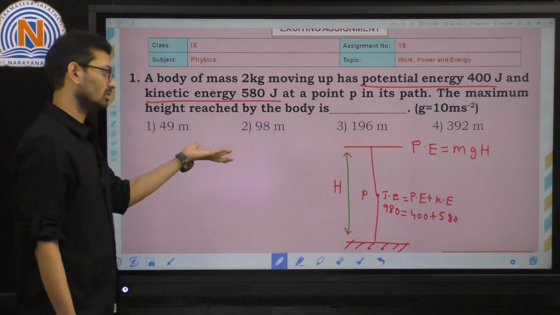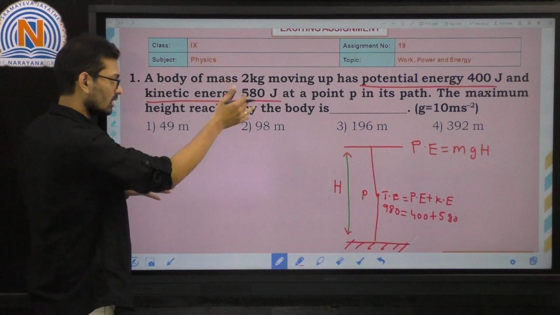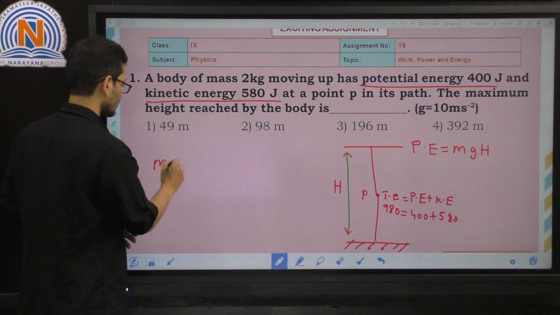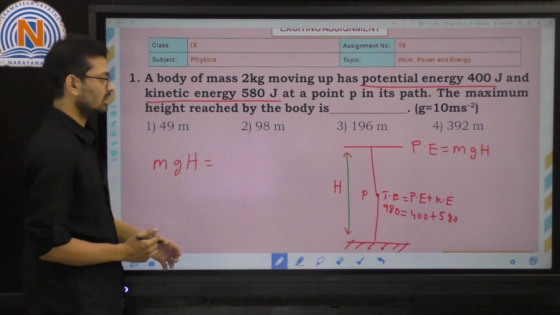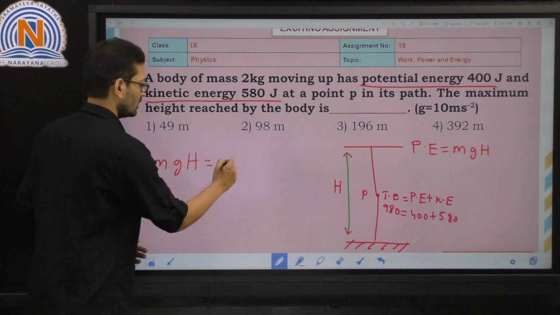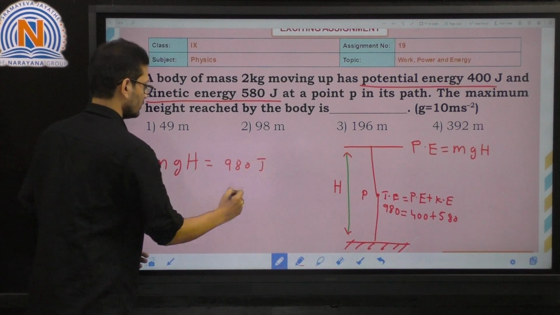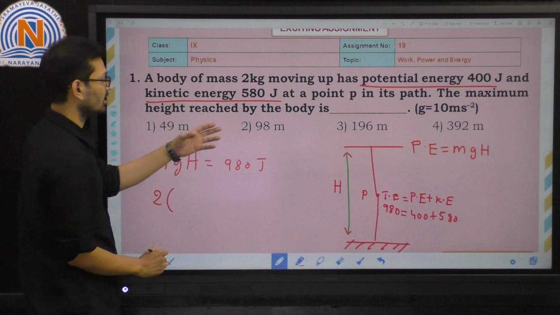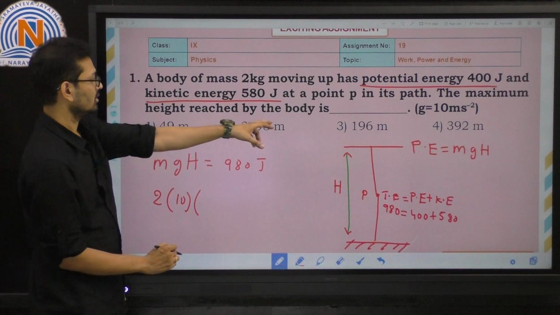At total height, your height is capital H. So the total energy while reaching that point, mgH, is equal to PE plus KE, which is 980 joules. M is given as 2 kg, g is given as 10, and H is the height of the body.